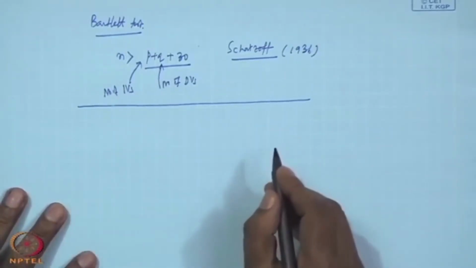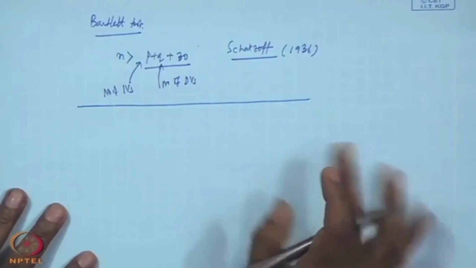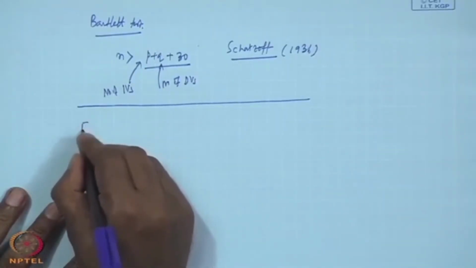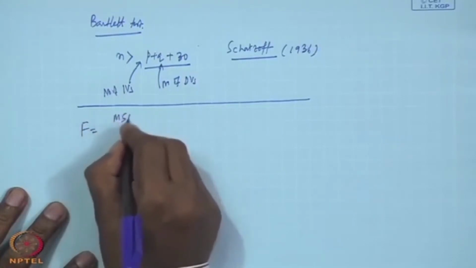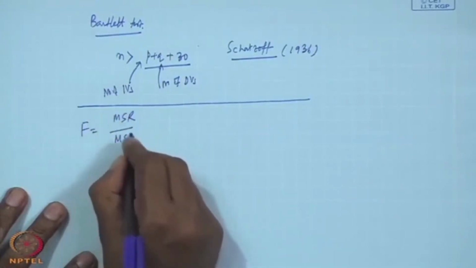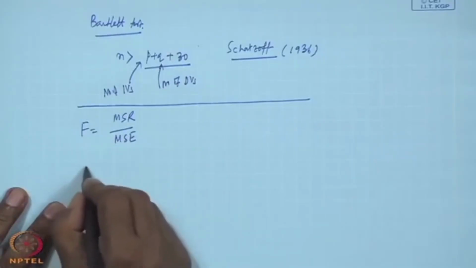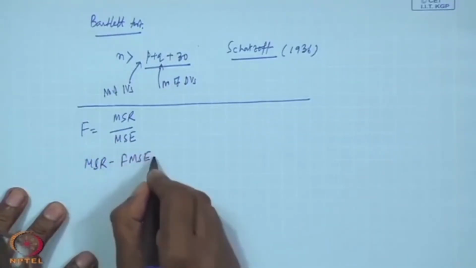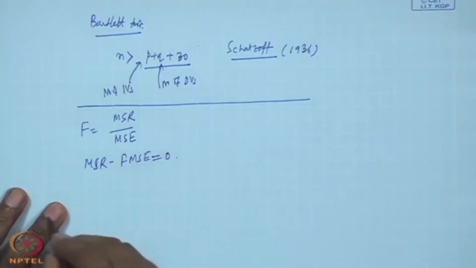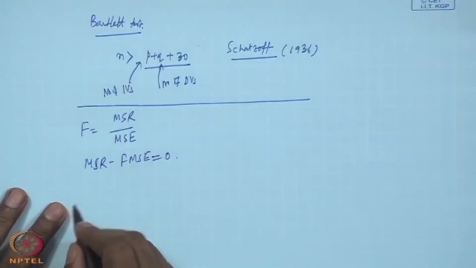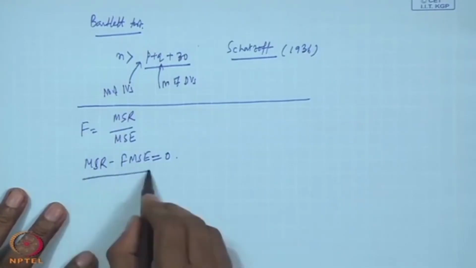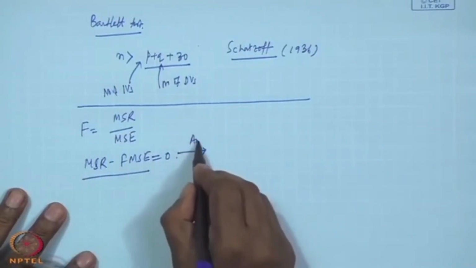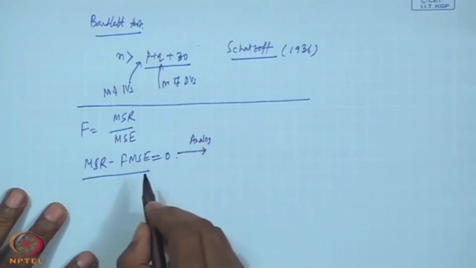Interestingly, in ANOVA we know that F equals MSR by MSE, that means MSR minus F MSE is 0. Now its equivalent or analog in the multivariate domain.